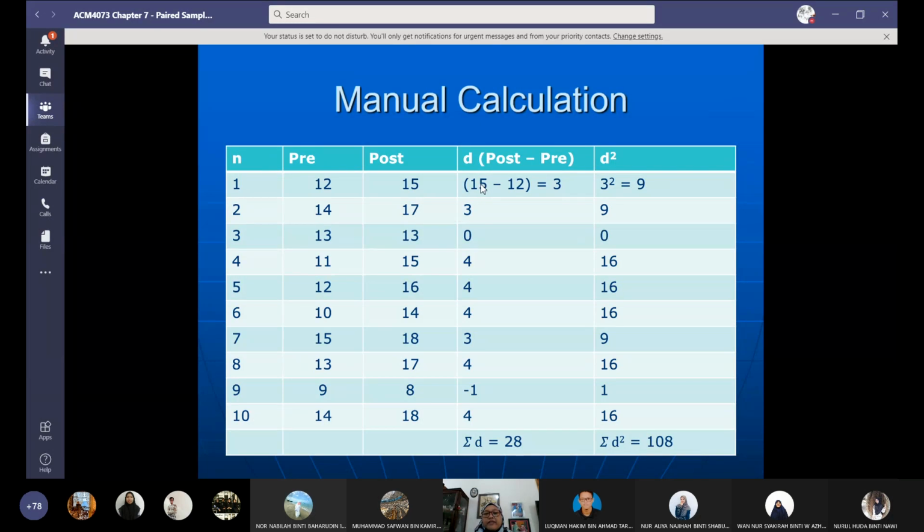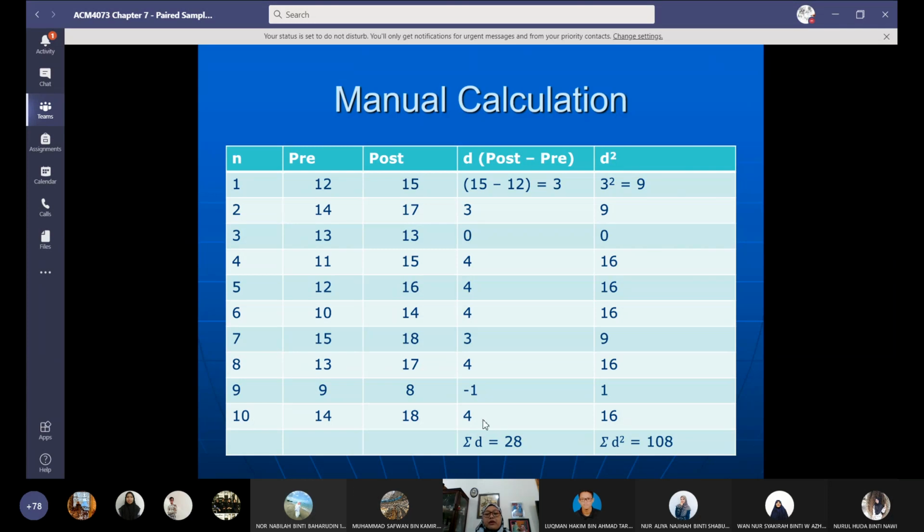The post is 15, take away 12 is 3. So you put 3 here as your D. You do the subtraction for every respondent, and if it is negative, you should put it negative.